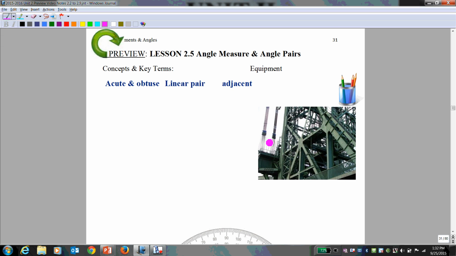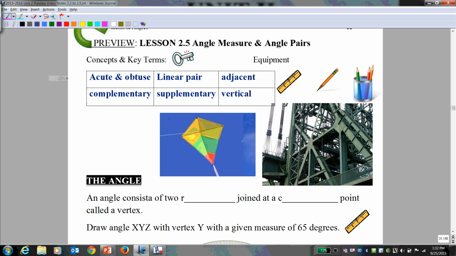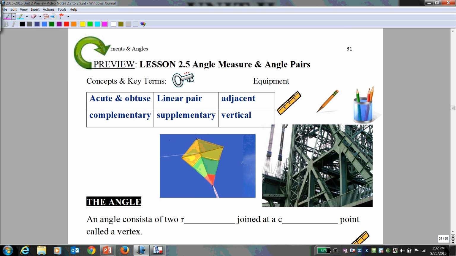All right, we are graduating from segments, and we're going into now angles. As I read, check it off. By the time we're done, we're going to talk about angle measures and what's called angle pairs. You need to be familiar with these words: acute and obtuse, a linear pair, adjacent, complementary, supplementary, vertical.